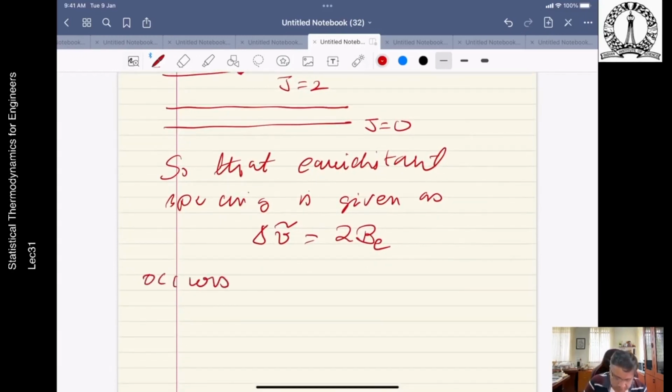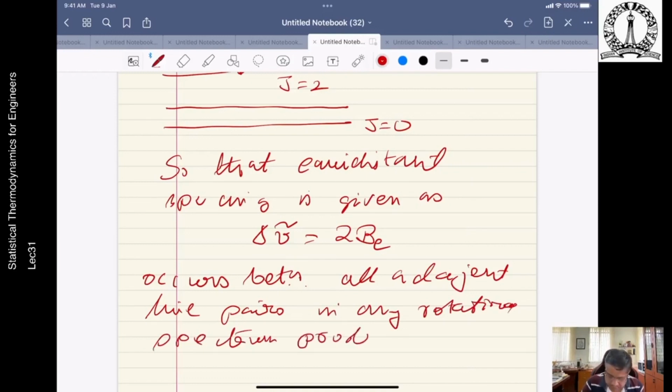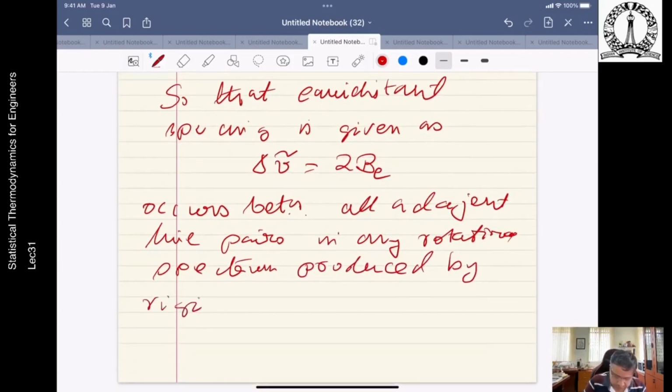This occurs between all adjacent line pairs in any rotational spectrum produced by this rigid rotor model. Okay. This is an approximation, but this is a simple but powerful prediction.